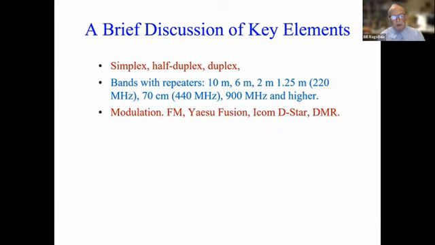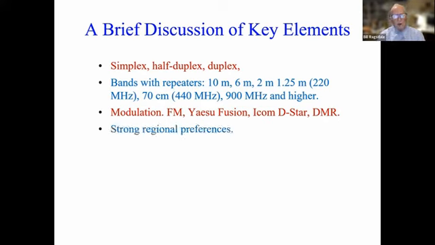The modulation methods. Well, the anchor for all of this is FM transmission. That's been the basis since the 1950s when I started. The current modulation methods that are beyond FM are digital. There are three primary digital methods. Yaesu has what they call Fusion, ICOM has D-Star, and DMR is Digital Mobile Radio, which is a takeoff from commercial services.